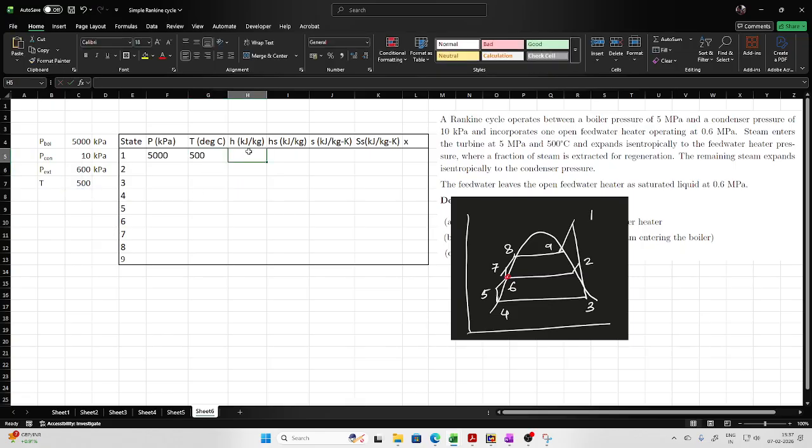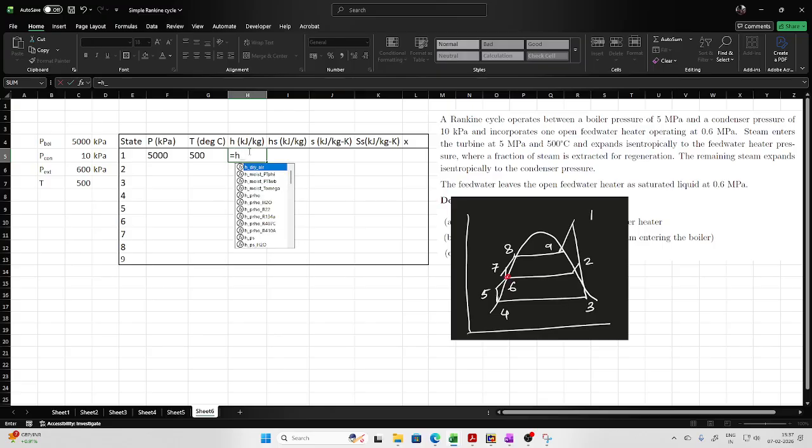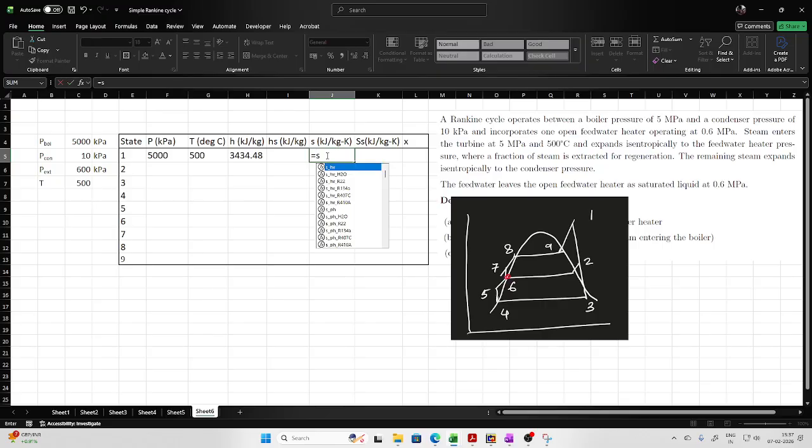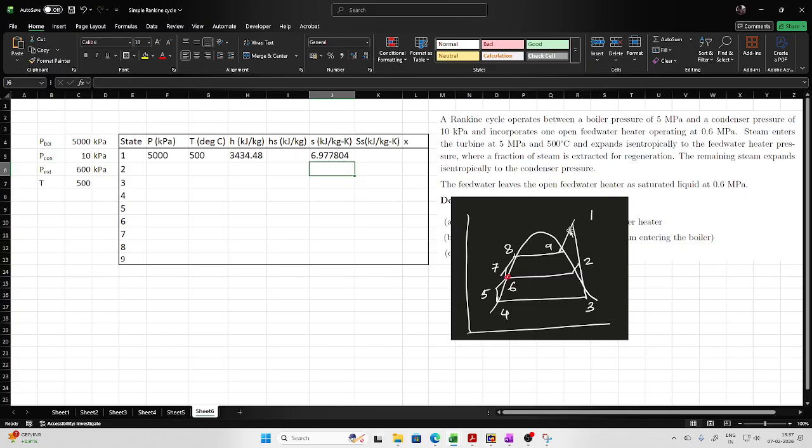Now what is required? Enthalpy. So it is enthalpy of steam based on pressure and temperature for water. So this is pressure, this is temperature, then comes entropy. So the entropy will be based on pressure and temperature for water. This is pressure, this is temperature. That's it. Point 1 is known.